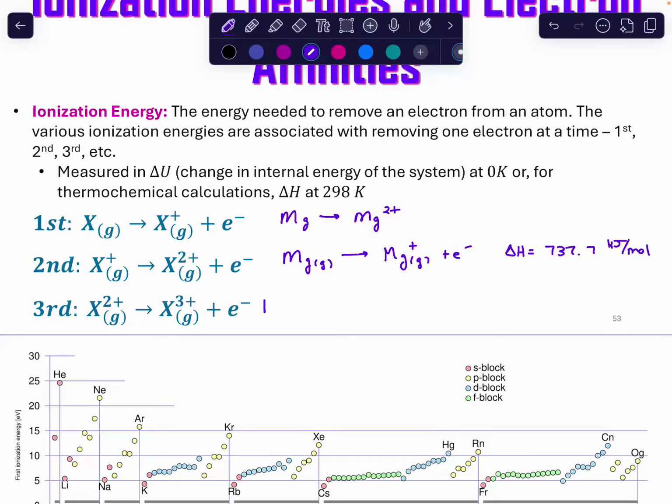And then your second ionization is going to have a delta H of 1450.7 kilojoules per mole. So keep in mind, for each individual ionization, these enthalpies are going to go up quite a bit, and that's because every electron you remove is going to reveal more positive charge from the nucleus of the atom, and is going to hold every other electron much tighter.